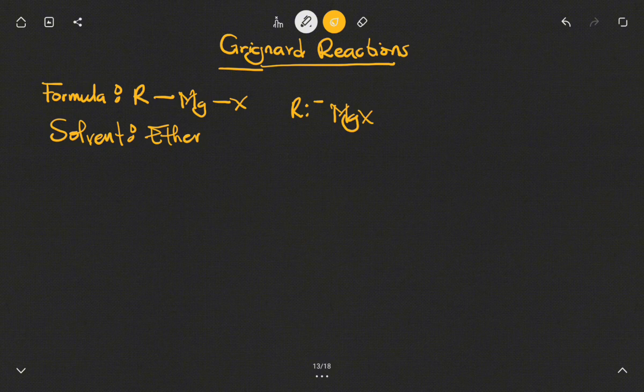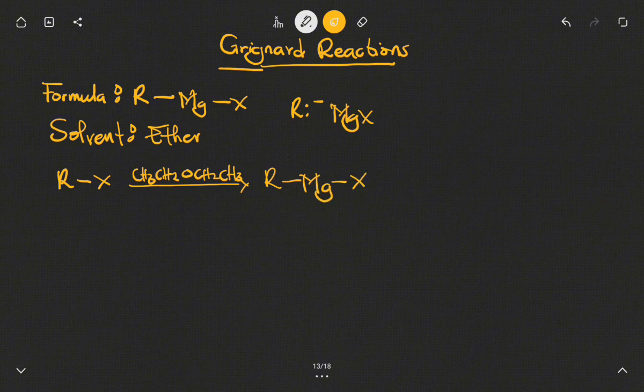The general equation, we have RX, that is your alkyl halide, which is going to be treated with diethyl ether, CH3CH2OCH2CH3, and then we are going to have R, Mg, and X. Now the interesting thing here is when a Grignard reagent is formed, we also have magnesium here, Mg in diethyl ether.